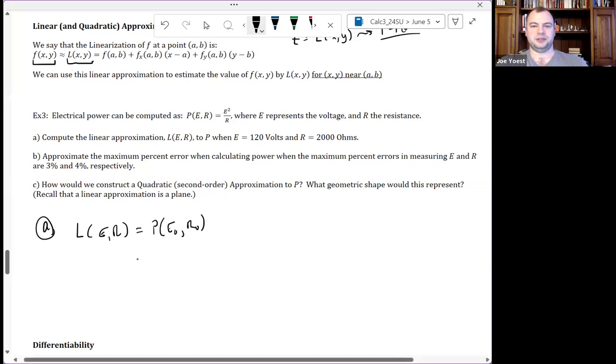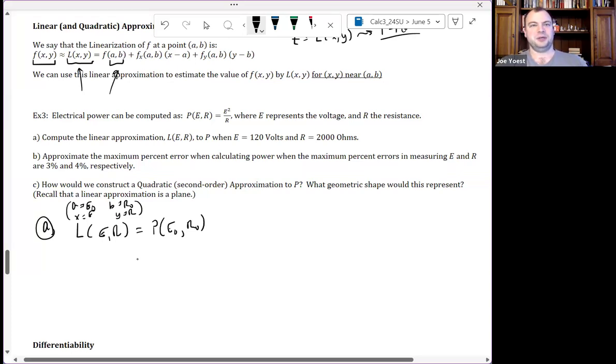Here I'm using the naught points to be like a and b, so a equals E₀, b equals R₀, and then x equals E, y equals R is the association with these variables up here.